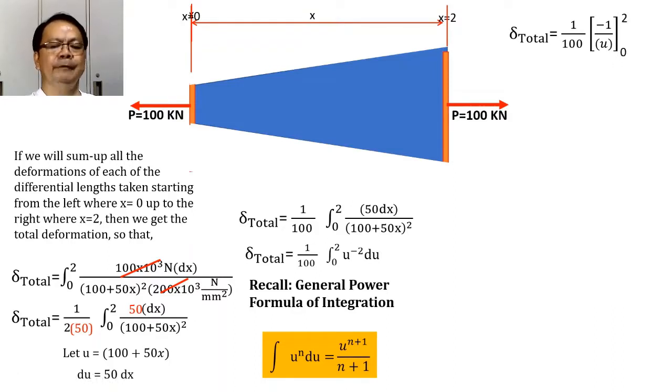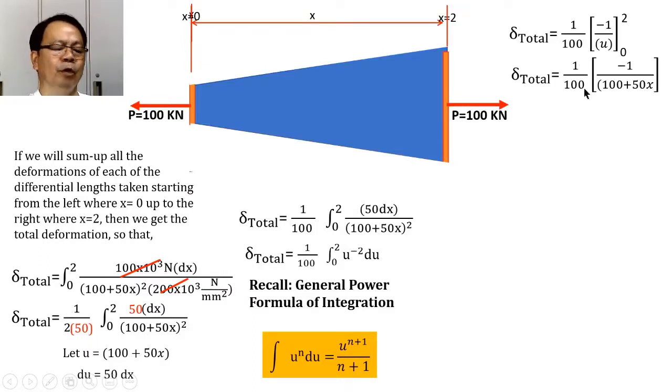And if we will substitute back our u, which is equal to 100 plus 50x, therefore this becomes equal to 1 over 100 times the quantity negative 1 over 100 plus 50x, which shall be evaluated from the same limit of 0 to 2.